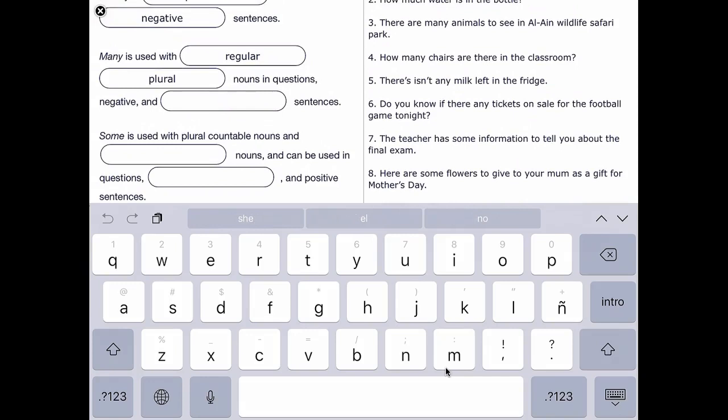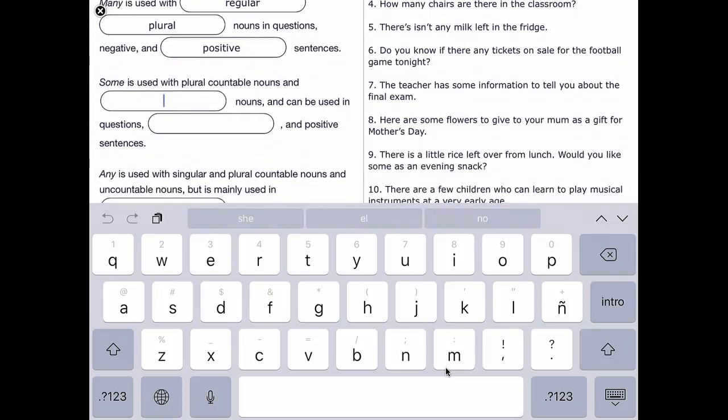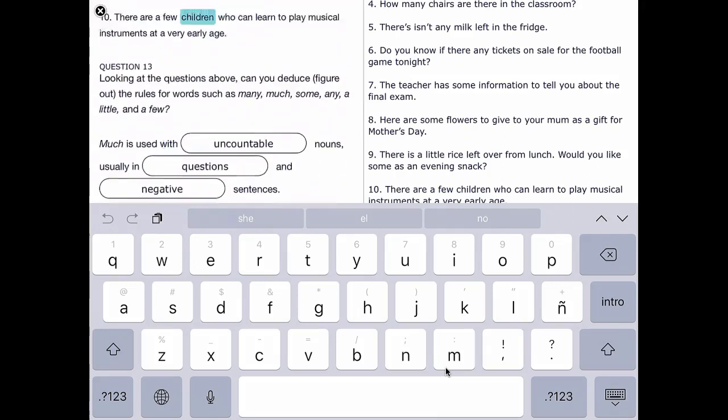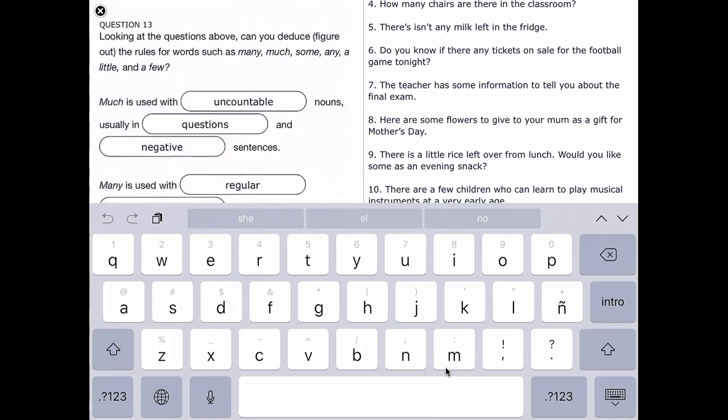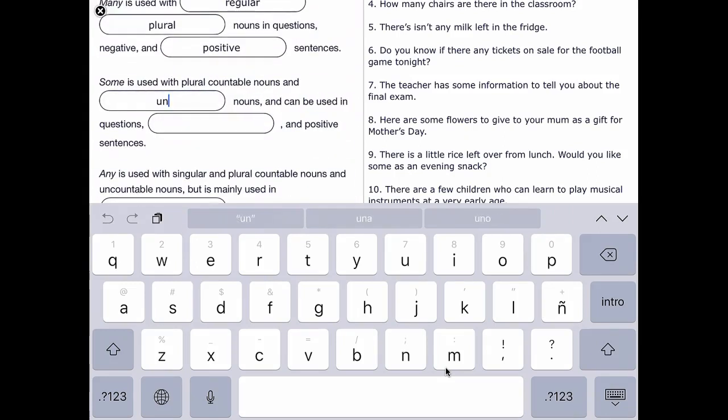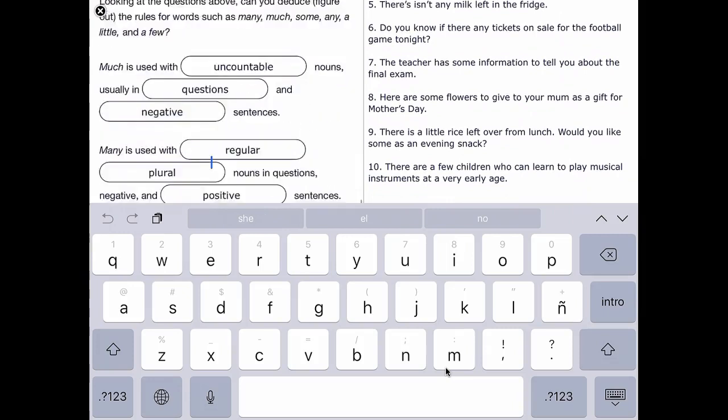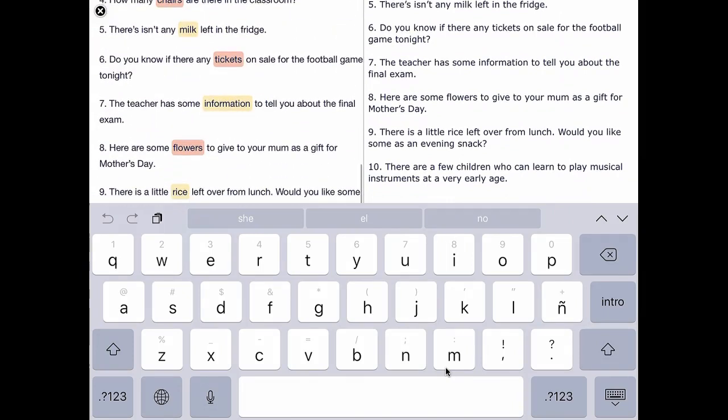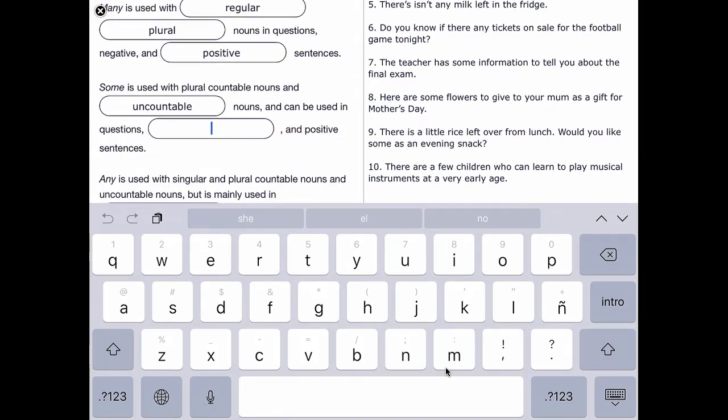With questions, negative, and positive sentences. Some is used with plural countable nouns and some information, uncountable nouns, and can be used in questions. Let's see, there's no examples of a negative sentence, but it can be.